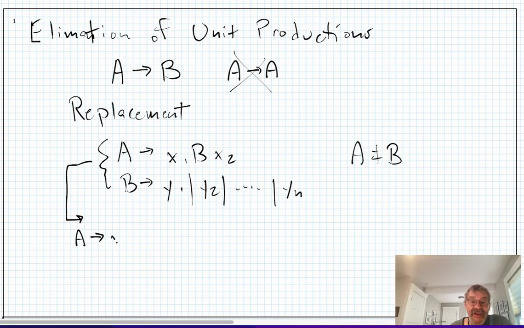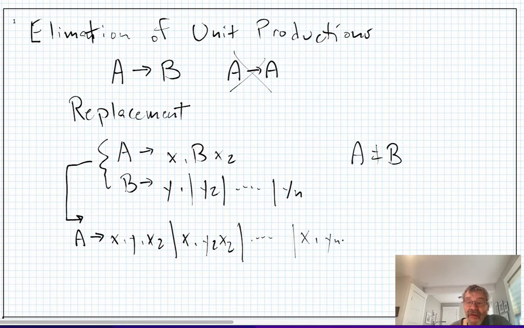Basically we could take this and rewrite A as given this. You could have x1, y1, x2, or x1, y2, x2, and we can take this all the way down to the end, x1, y sub n, x2.